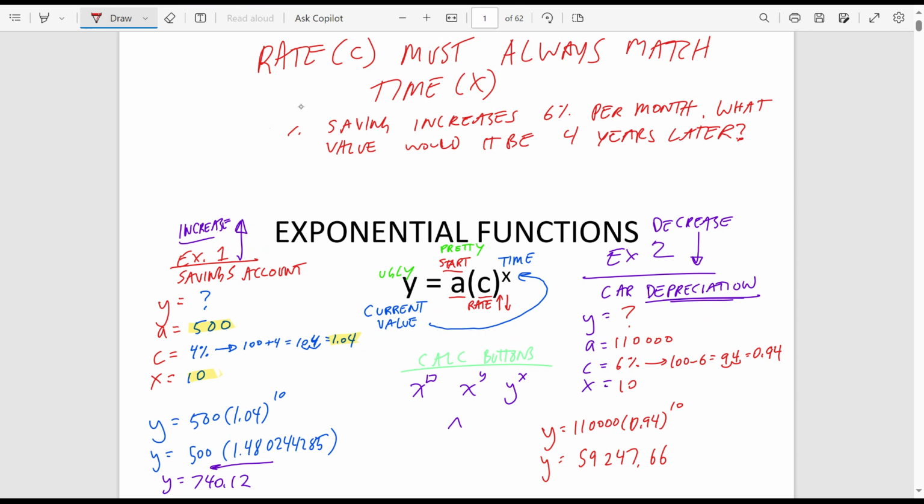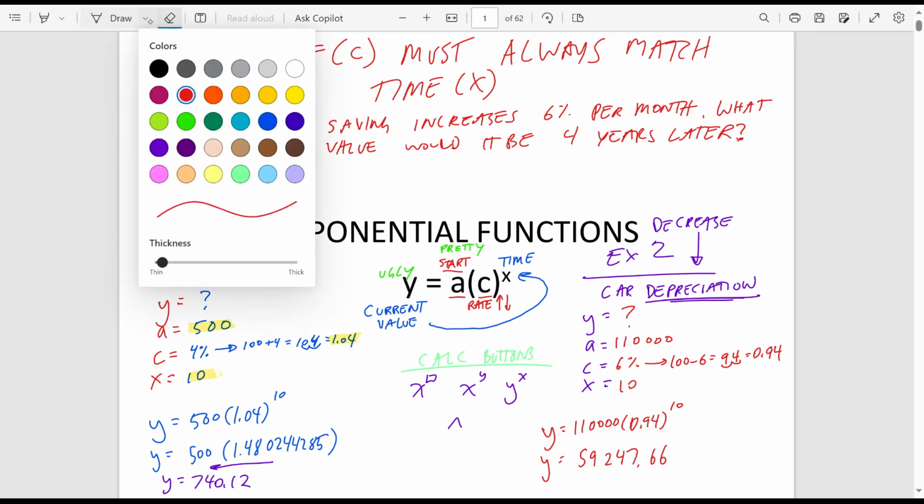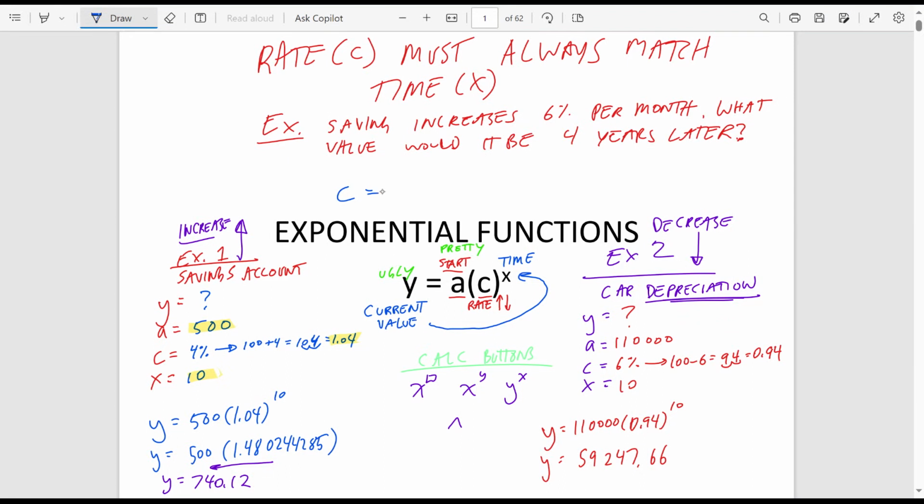They mention in this one that my increase is 6%. So C, shorthand, I know is going to be 1.06. Okay. I'll do this in a different color so it sticks out more. C is going to be 1.06. We're not going to do the full question here.